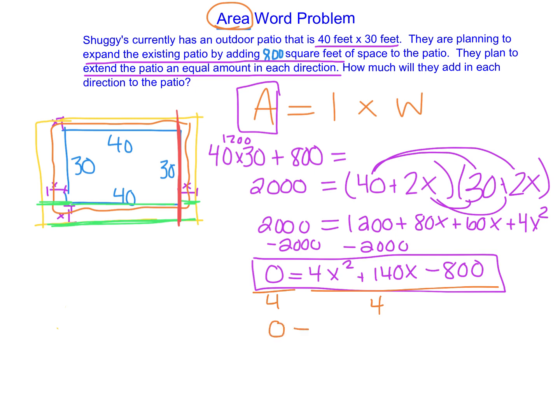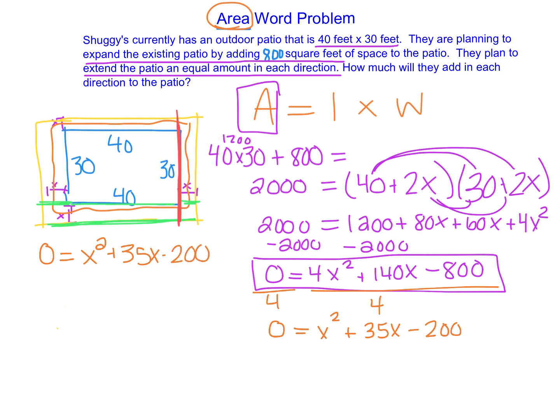So we have 0 is equal to 1x squared plus 35x minus 200. So I need to solve that quadratic, which isn't perfect, but at least it's a little bit easier to work with. So I'm going to write this over here. I have 0 equals x squared plus 35x minus 200.